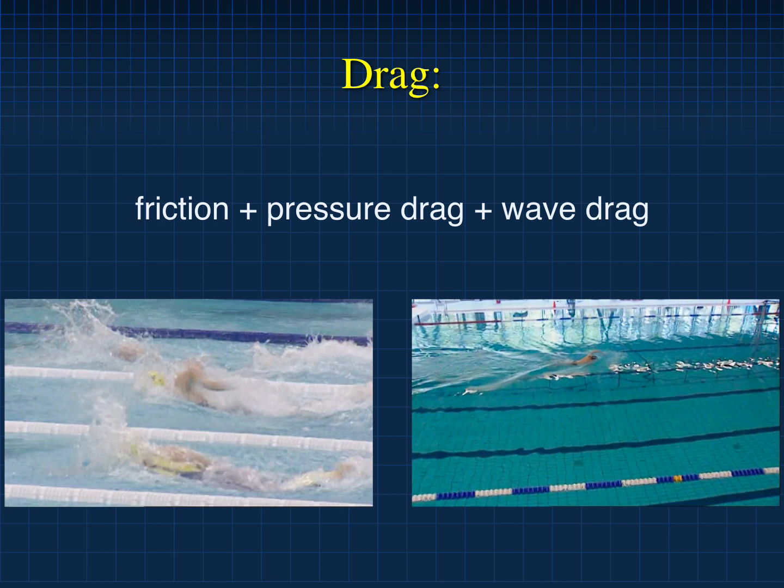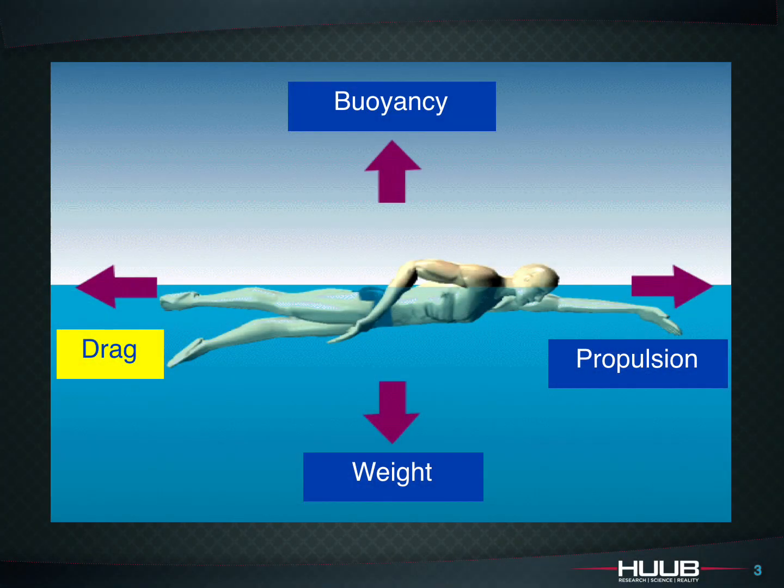Now let's dive a little bit deeper into the forces involved in swimming. What you see here in this slide is a free body diagram of a swimmer in which the various forces acting on this swimmer are drawn.